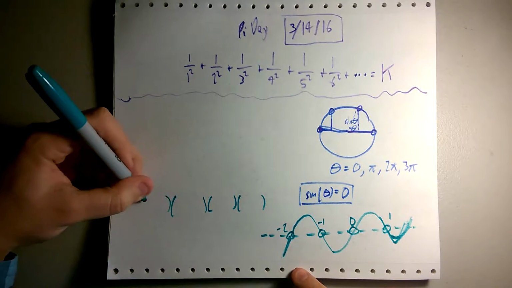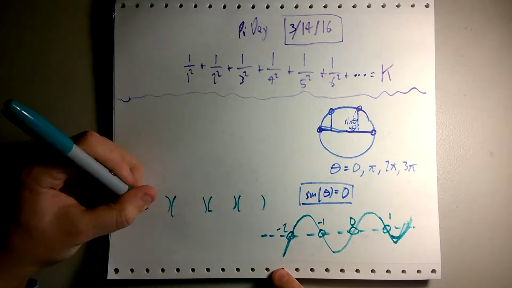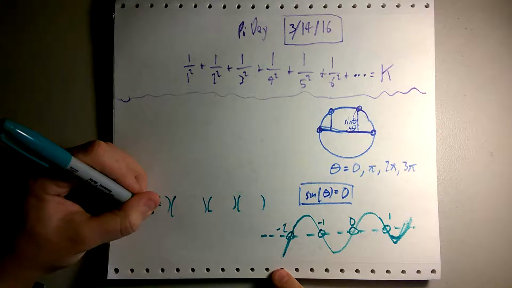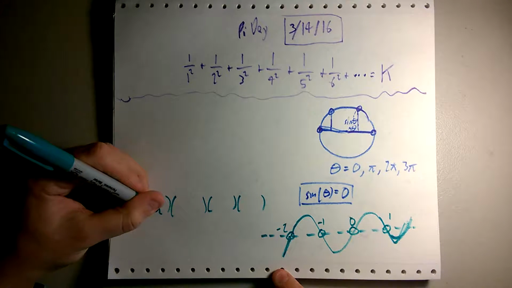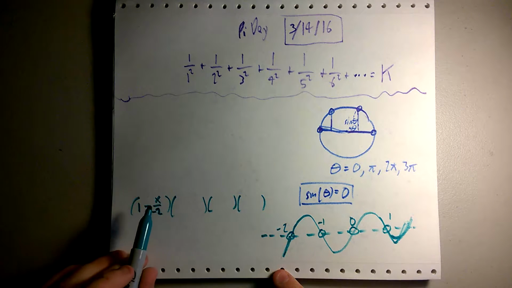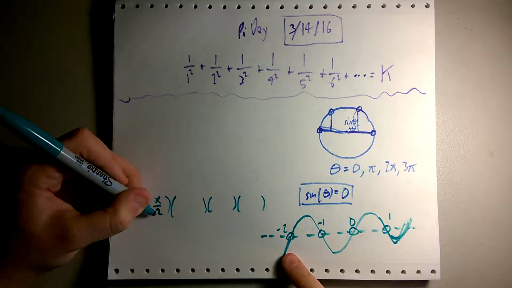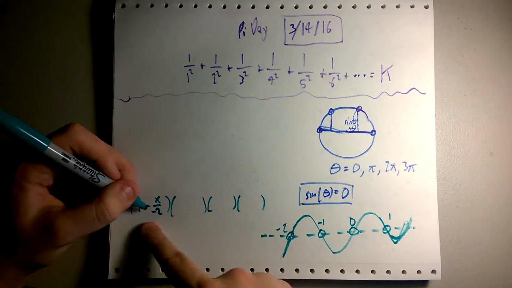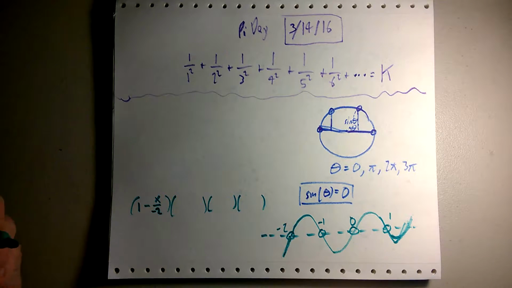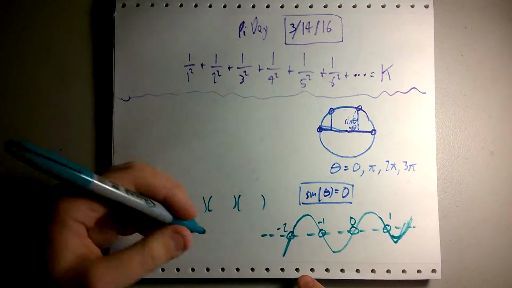Alright, so we should have 4 sets of zeros. Our first one we'll set up like this: 1 minus x over -2. If you plug in -2 into this point, -2 divided by -2 is +1, and 1 minus +1 is, well, needless to say, 0.